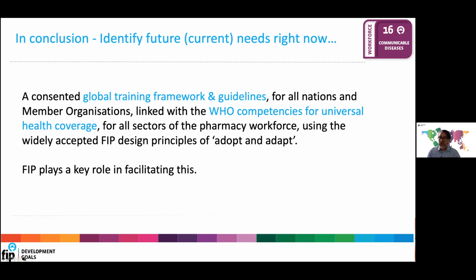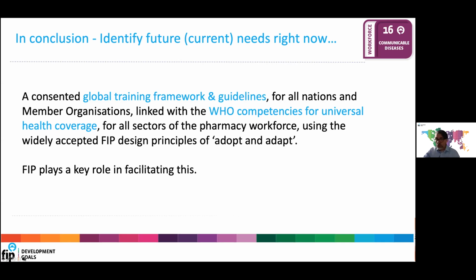Adopt and adapt, we have shown, and WHO supports us in this, but we have shown that this is the right way forward. Not reinventing wheels, but at the same time, not telling people what to do, but adopting and adapting those elements of education and training, particularly competency-based elements of education and training that we know work, okay? And that's a key message from me right now.